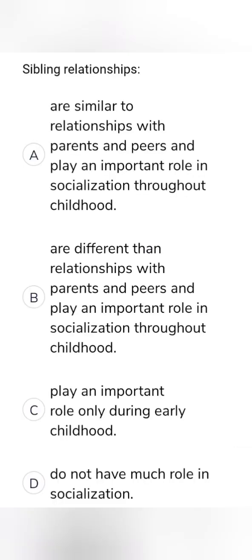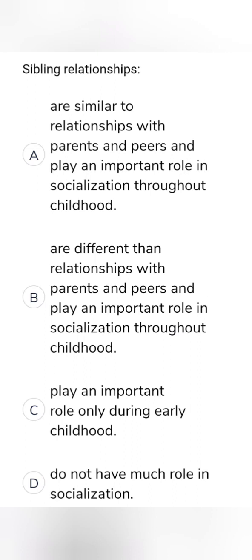Question number second, siblings relationships. Option number first, are similar to relationships with parents and peers and play an important role in socialization throughout childhood. Option number second, are different than relationships with parents and peers and play an important role in socialization throughout childhood.